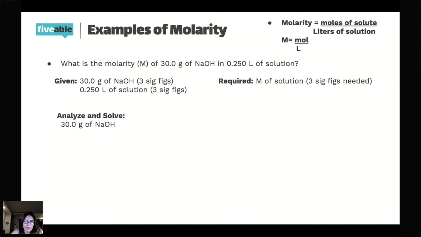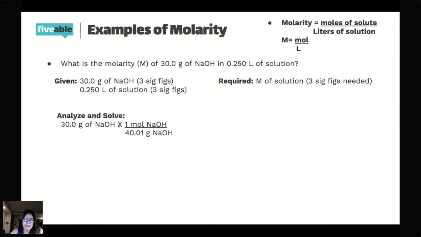If we remember from the beginning of the school year, we use the molar mass to change grams to moles. So you get the molar mass of the atoms of sodium, oxygen, and hydrogen. You add them up, and it will give you 40.01 grams of sodium hydroxide, and that represents 1 mole.